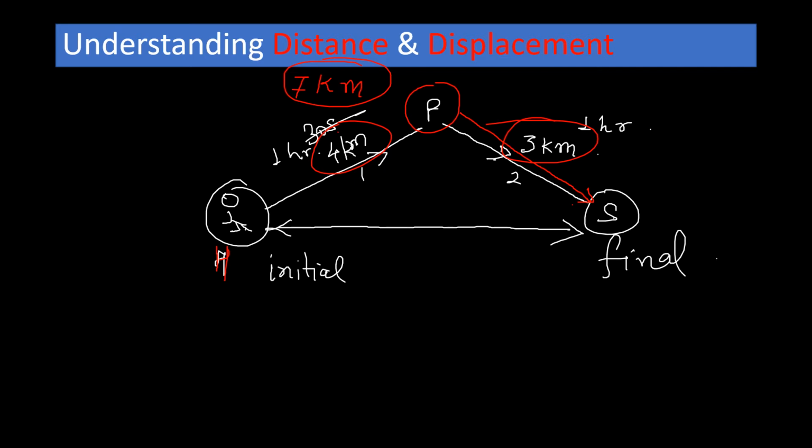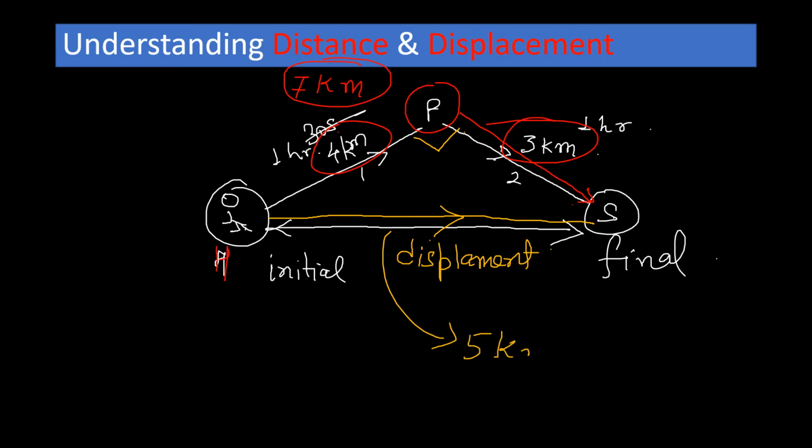Remember always that the shortest straight line joining the initial and final position is your displacement. The one which I have drawn with green color, that is my displacement. If the two paths were at right angles, we can easily say that the displacement was 5 kilometers.